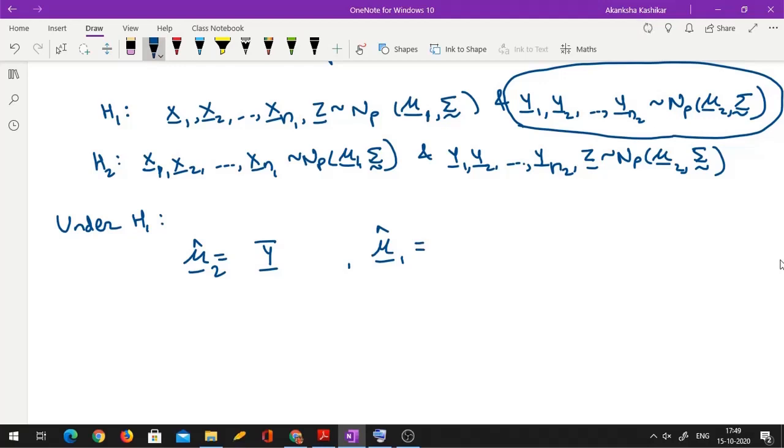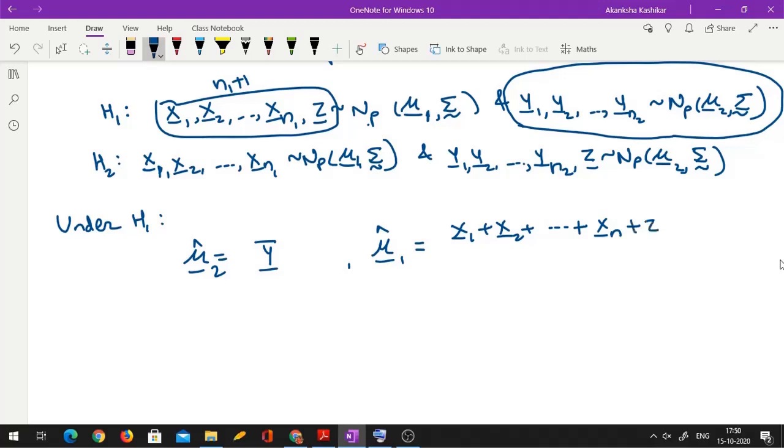So if x1, x2, xn1 comma z, this sample of size n1 plus 1, is coming from the first population, then my mu1 hat would be x1 plus x2 plus up to xn1 plus z divided by n1 plus 1. Correct?